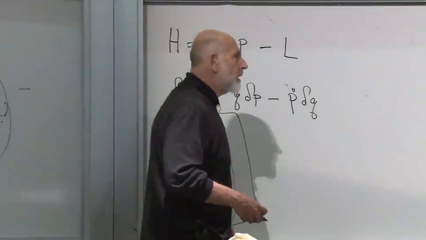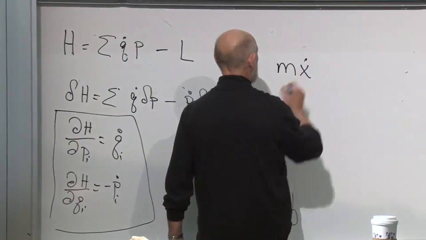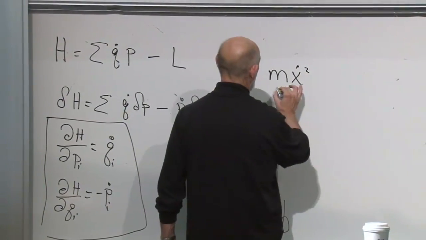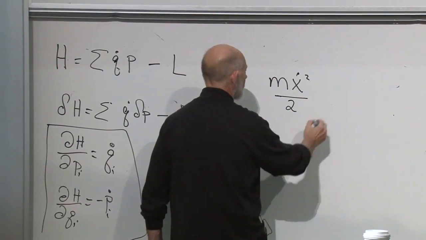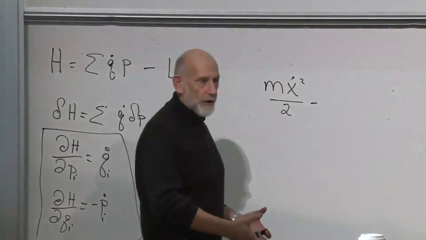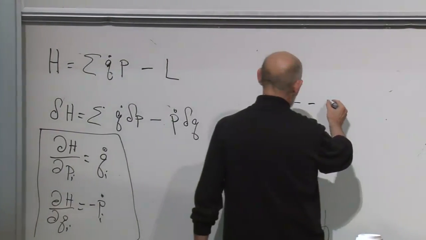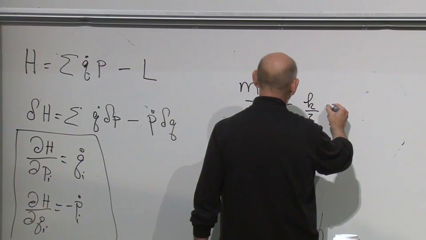Do you recognize this? M x dot squared over 2, minus or plus, depending on whether you're doing energy or Lagrangian, k over 2 x squared.